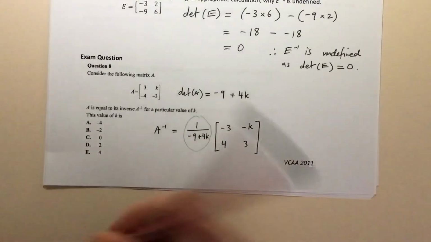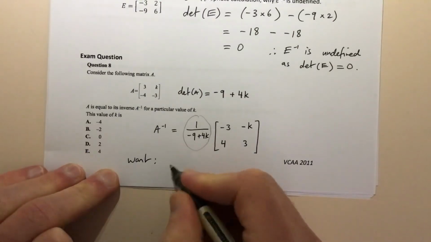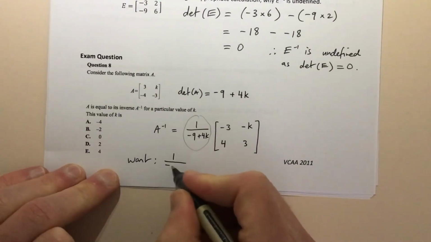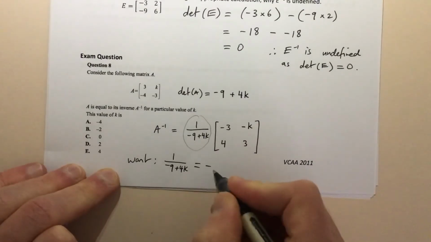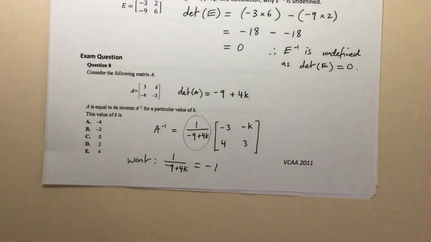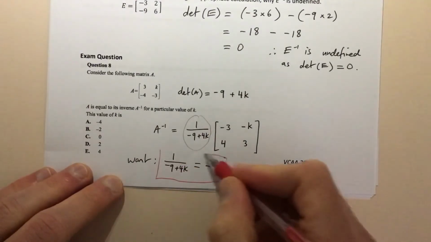So we could say we want 1 over -9 plus 4K to equal -1. And my working might be a little bit hard to follow here. So this is the key idea.